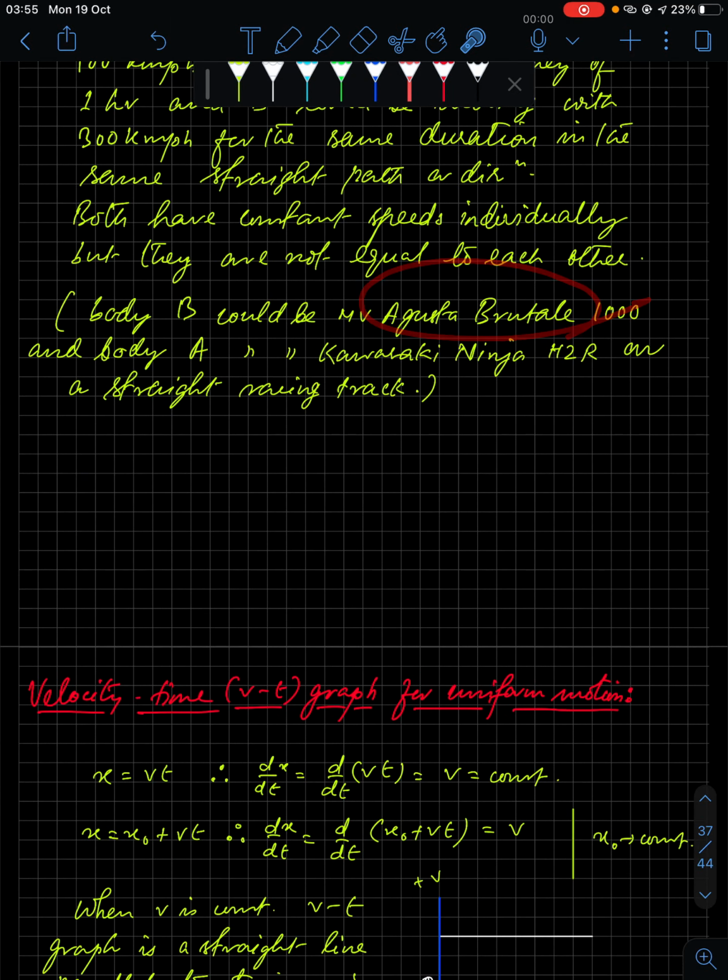Now body B could be MV Agusta Brutale 1000 RR. This is a super bike actually, and body A could be Kawasaki Ninja H2R. You can Google all this for your interest. This is the fastest motorcycle on earth right now.